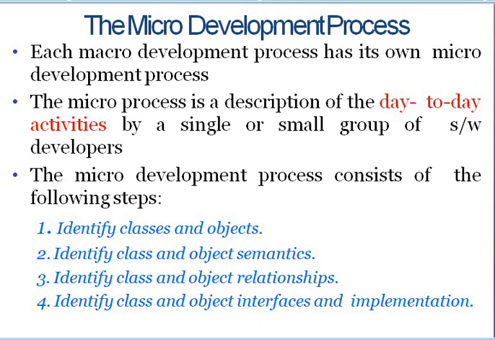Second is identify class and object semantics, that is the rule and methodology to represent class and objects as well as their meanings. Identify class and object relationships, between their inherited class, original class or main class. Likewise, identify class and object interfaces as well as implementation.